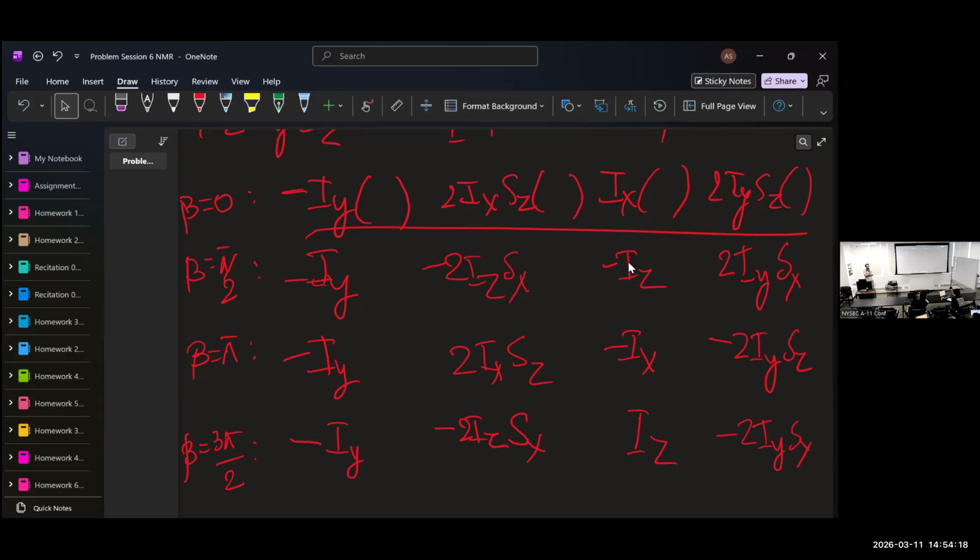So, any ideas how you can add and subtract combinations of these 4 experiments in a manner that you get terms which are both absorptive, diagonal peak and off-diagonal peak?